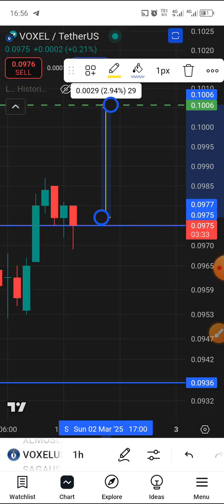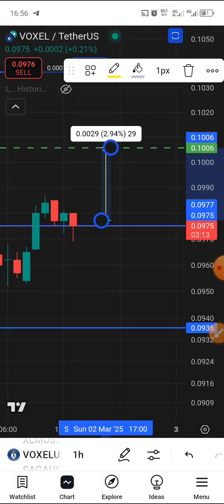It will be 2.9, but I would recommend you to take two thirds of the journey. Like you can take from 2%, not exceeding 2.5. Okay, so that's how you can alternatively draw your supports and the resistance.